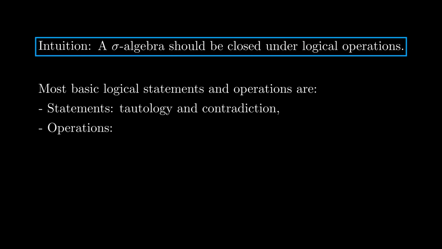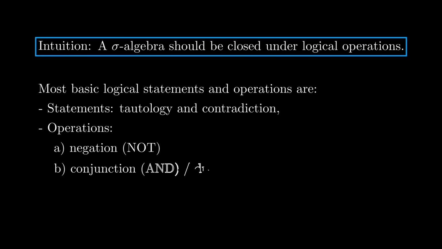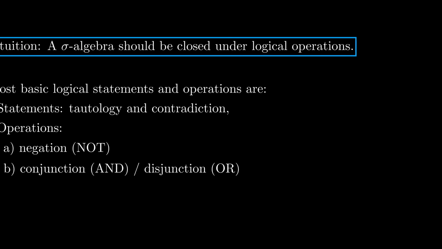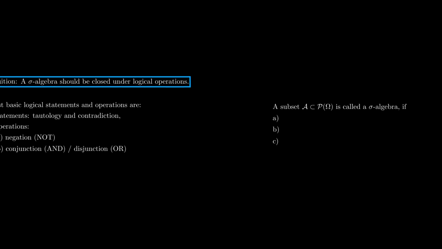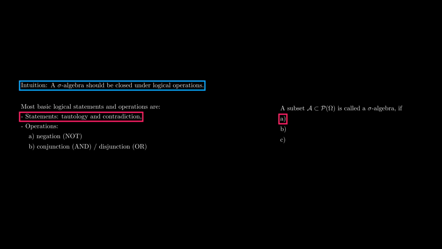Secondly, there are basically only three logical operations that you need to build a complete logical system. And these are the negation, the conjunction, and the disjunction. So the logical not, the logical and, the logical or. And we will now go and simply translate these operations to operations between sets and find the definition of a sigma-algebra. Let's start with the tautology.